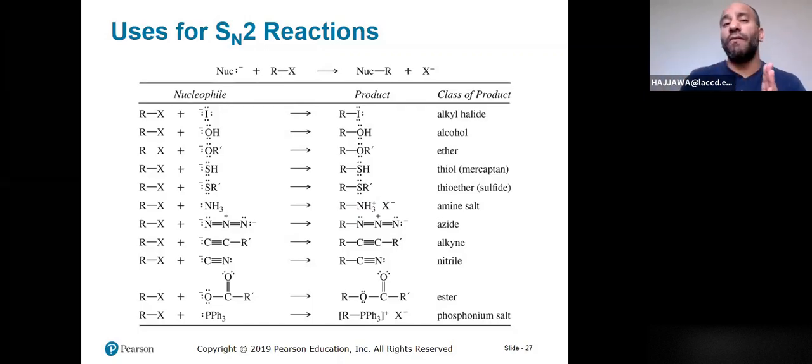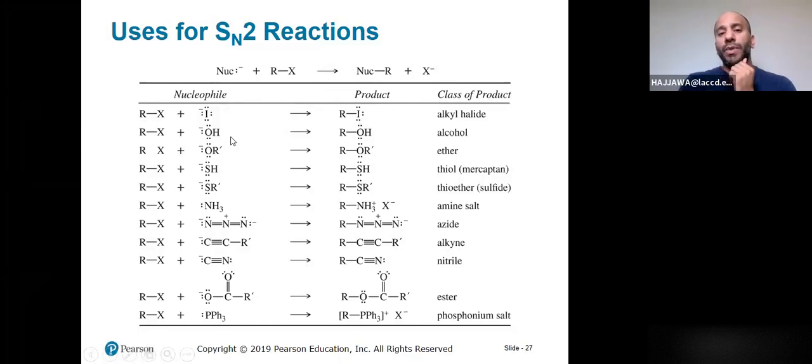Just changing the nucleophile will take me from an alkyl X to an alkyl iodide, to an alcohol, to an ether, to a thiol, to a thioether, to an ammonium salt, to an azide, to an alkyne, to a nitrile. You could see here also you could make an ester using the carboxylate attacking alkyl X. That will give me an ester or a phosphonium salt that we're going to actually see in one of the reactions of the alkene chapter.